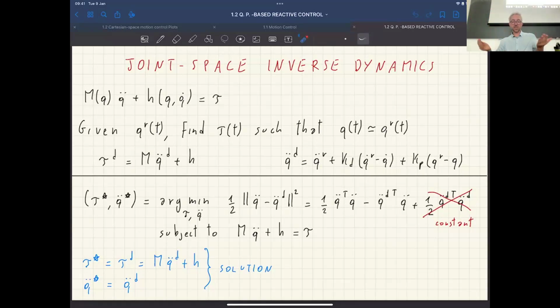And this is actually the reason why we can do this kind of control in a very effective way. Because since we have quadratic cost and linear constraints, then this optimization problem is not a general nonlinear program, but it's a quadratic program. And that's very good news because it's a very simple kind of optimization problem to solve.